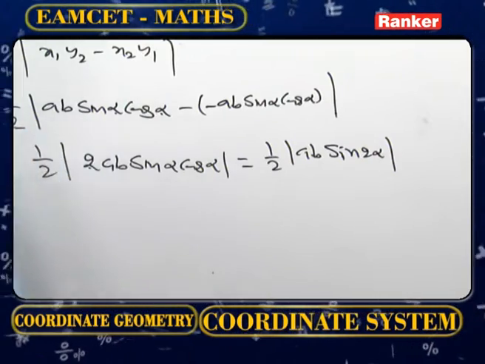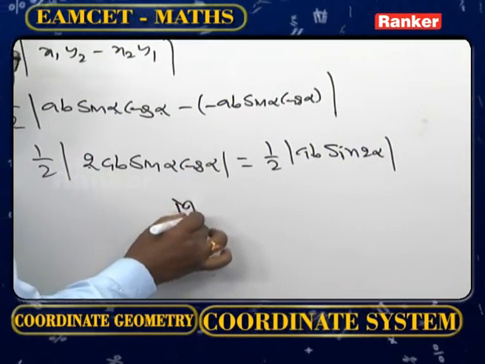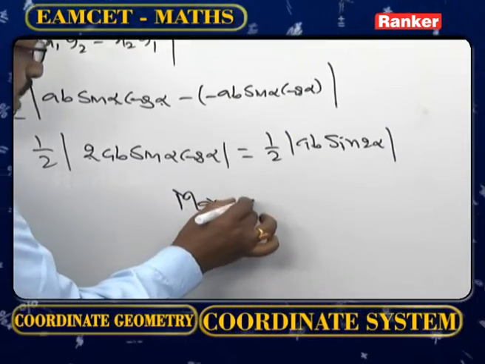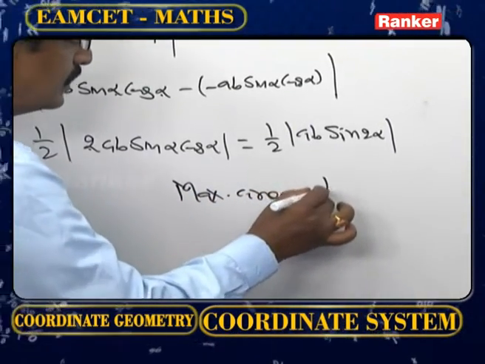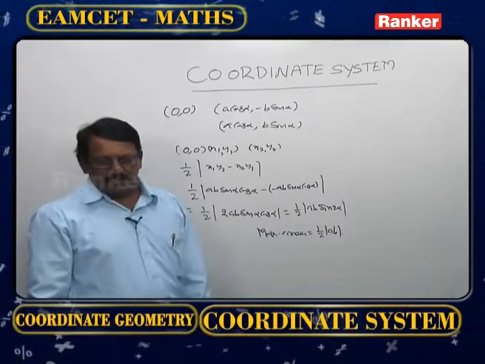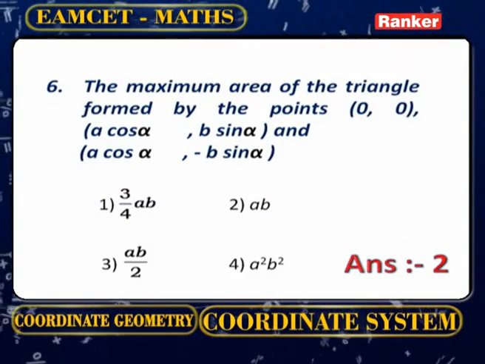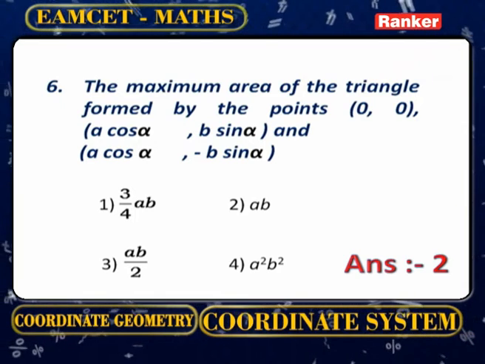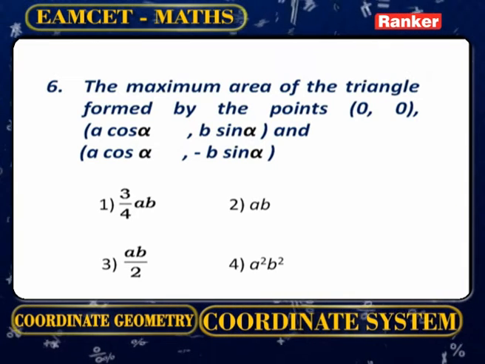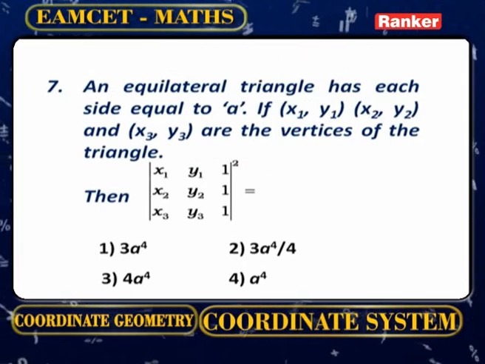Therefore, the maximum area equals half of the modulus of ab. Then the answer is the third option, half times the modulus of ab. Next problem.